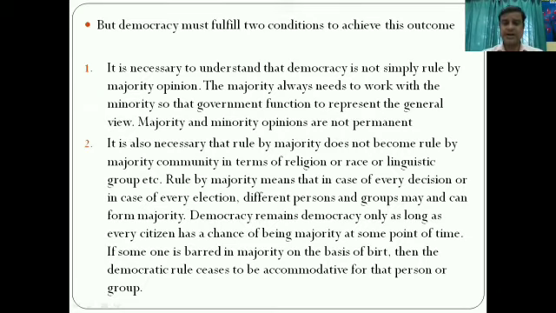Democracy remains democracy only as long as every citizen has a chance of being in the majority at some point of time. And if someone is barred from the majority on the basis of birth, then democratic rule ceases to be accommodative for that person or group. So these are the two conditions which are very important in democracy.